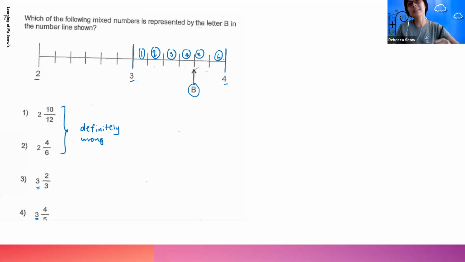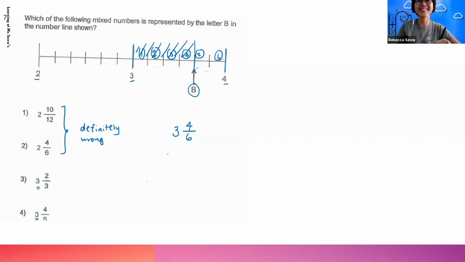So knowing that the whole number is 3, our denominator will be 6 because there are 6 intervals altogether. And B, where the arrow is, indicates how many intervals have been taken. So if B is here, that means this portion has been taken. So how many units have been taken? We realize that there are 4 units taken. So the answer is 3 and 4/6, but anyhow, our answer is not there.